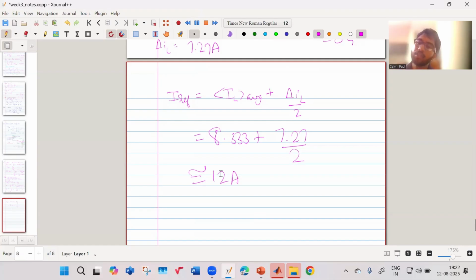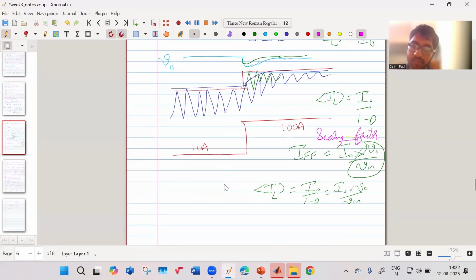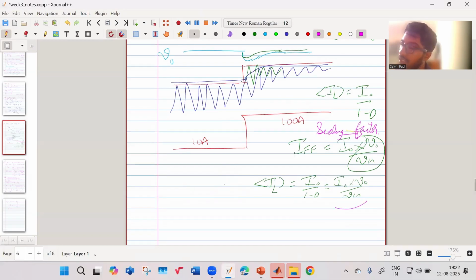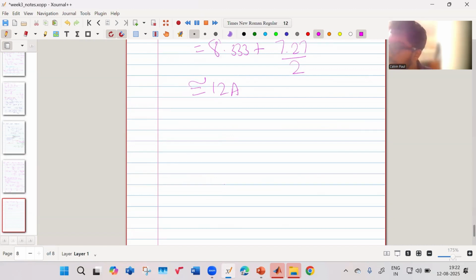Similarly, load current feed forward is to be added. What modification is required? We will add a signal which is I output into V output by Vin, which I have already shown over here. You will have to do this kind of logic. So you will have your reset set Q, generated from this comparator, with minus plus.